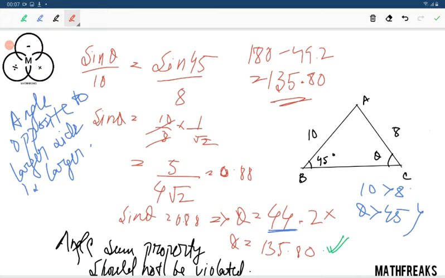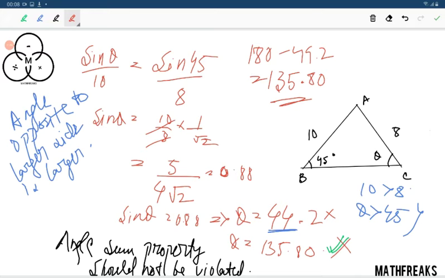135.80, 135 plus 45 is 180 degrees. So angle sum property is being violated here. As a consequence of this, both of the values are rejected.